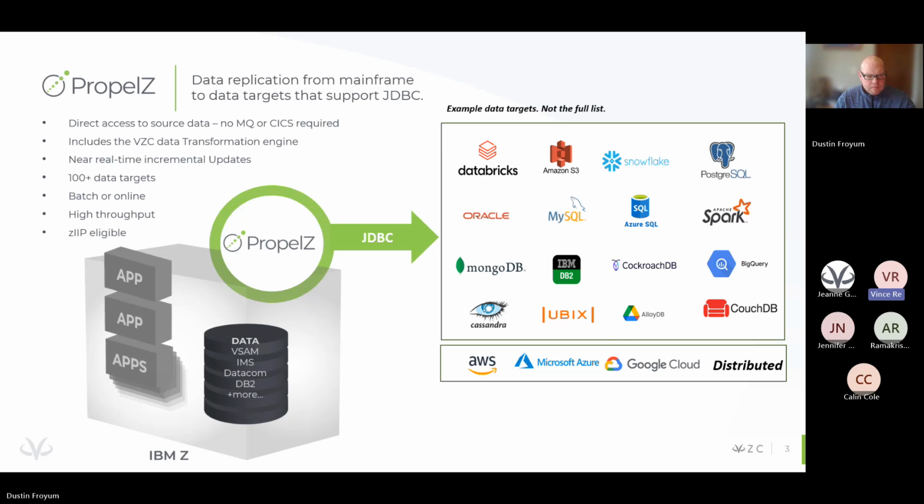What's unique to PropelZ is we also have direct access to whatever the target is. The way we do that is we generally leverage JDBC technology so that from our z/OS application, we're able to target just about anything that has a JDBC driver. That's about 100 different databases.